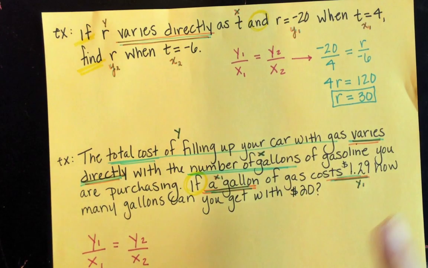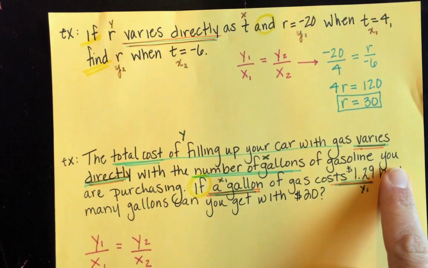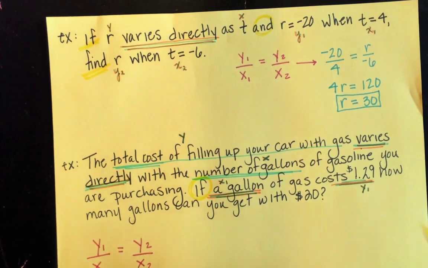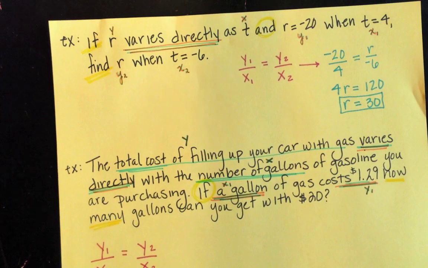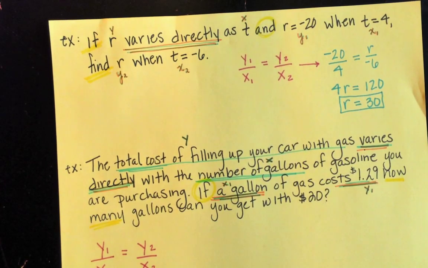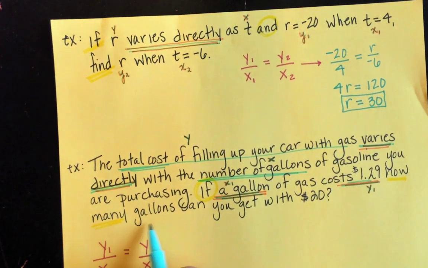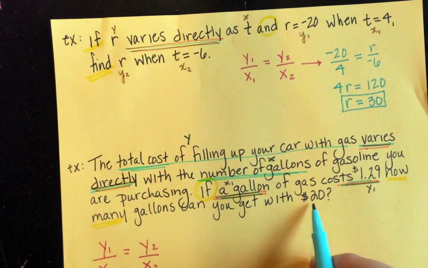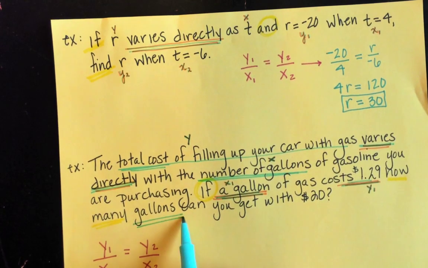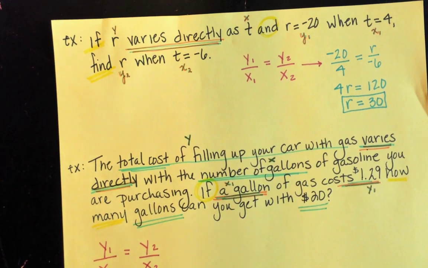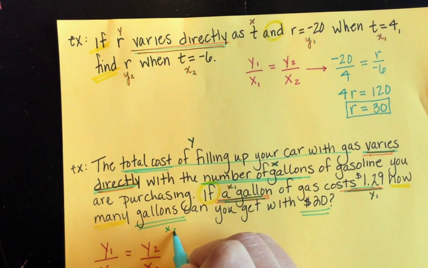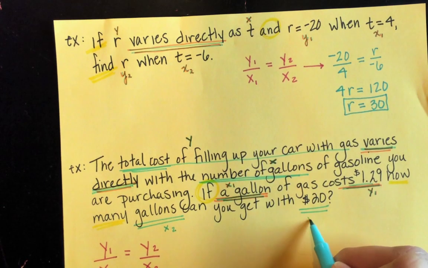This is the question that's being asked, our find word, how many. And it says, how many gallons can you get with $20? So gallons and $20, we now have our x2 and our y2.